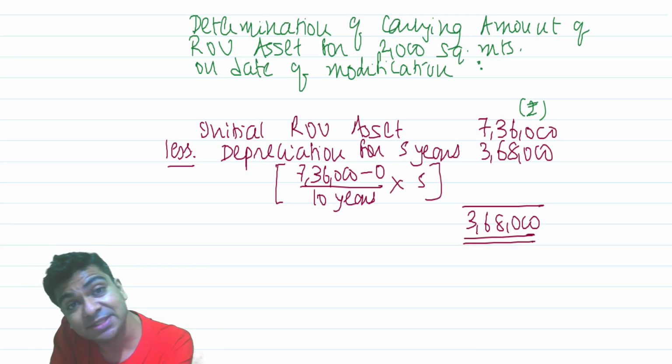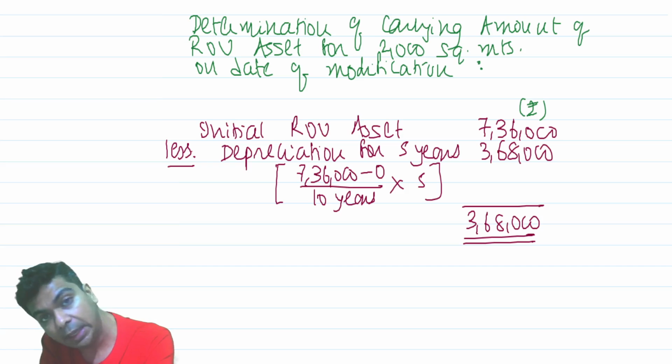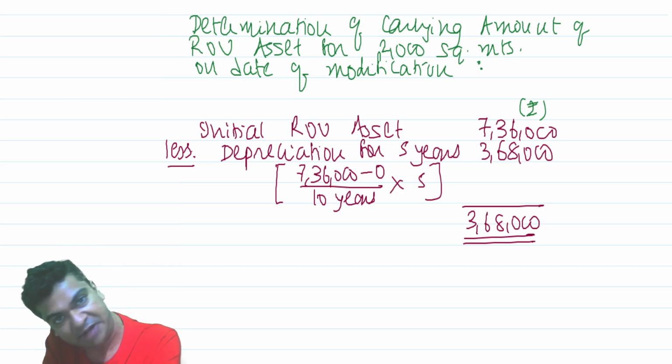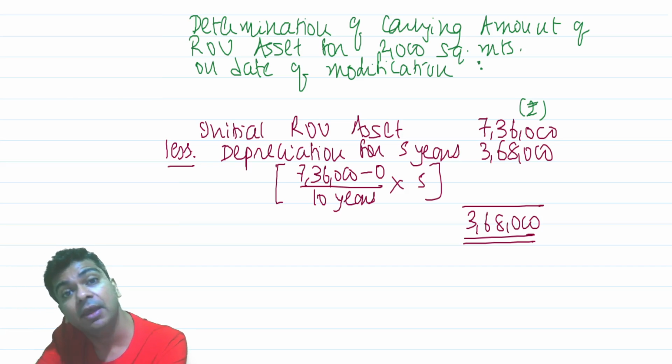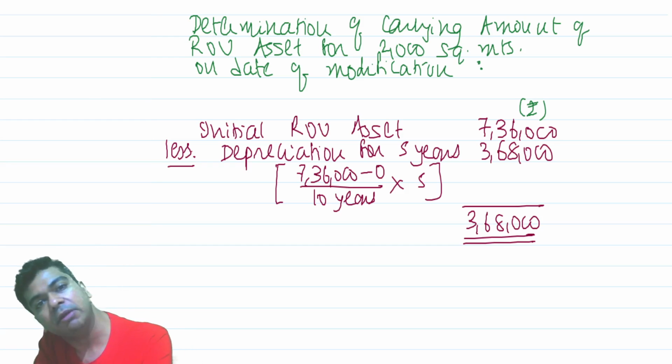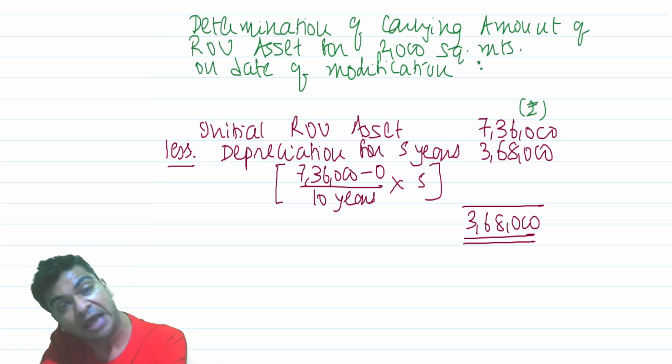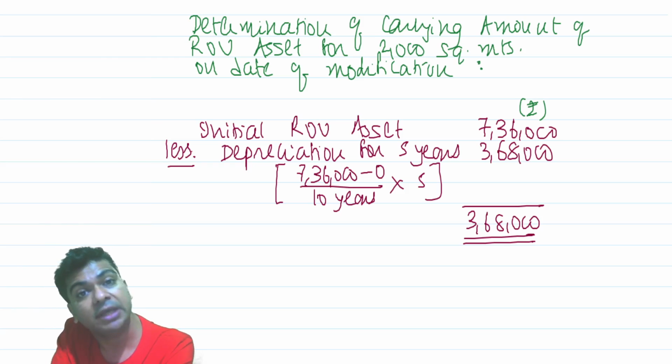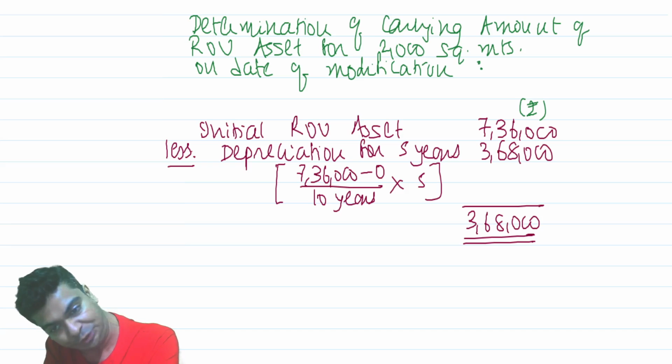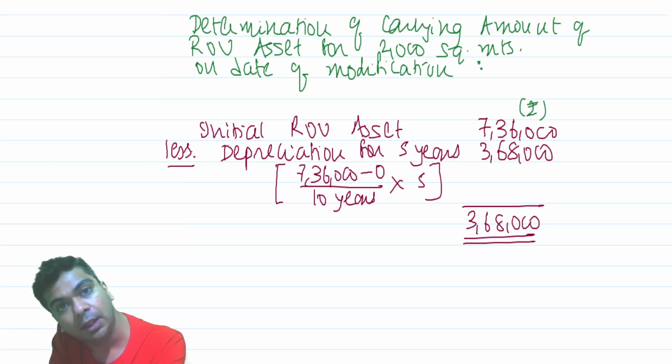But this 3,68,000, understand the logic. This 3,68,000 is reflecting the ROU asset to be further depreciated over the remaining lease term of 5 years. But because of the lease modification, you do not have remaining 5 years. Because of lease modification, you have remaining 3 years. So this balance should be reflecting the revised lease term.